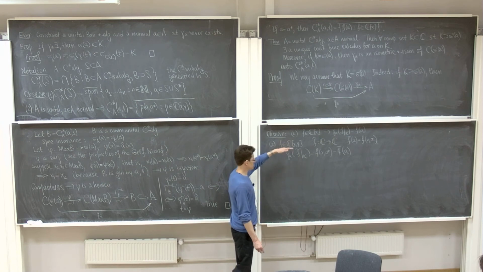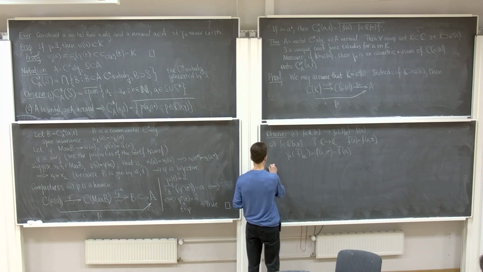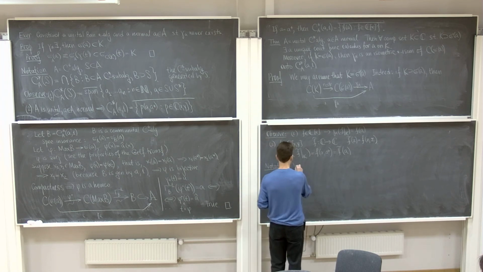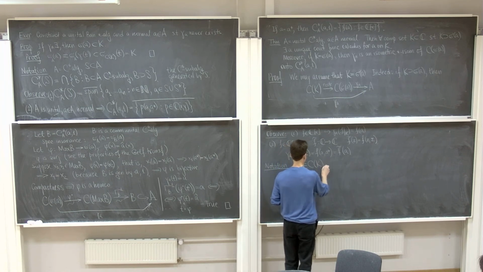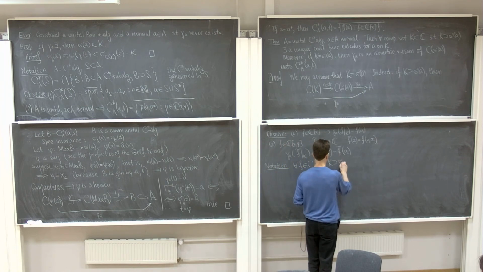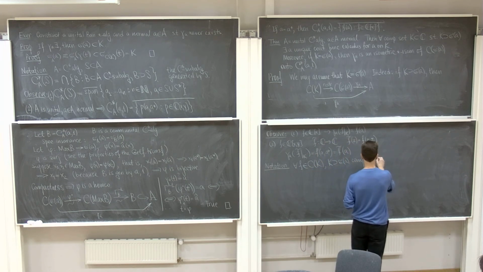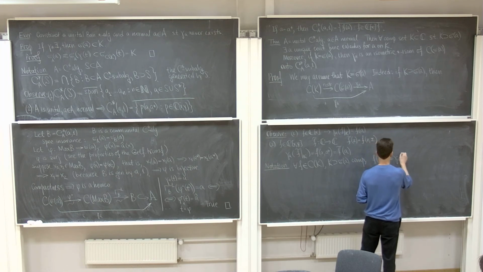So these two observations justify the following notation. For each continuous function f on K, where K is a compact subset containing the spectrum, we denote by f of A gamma of f.